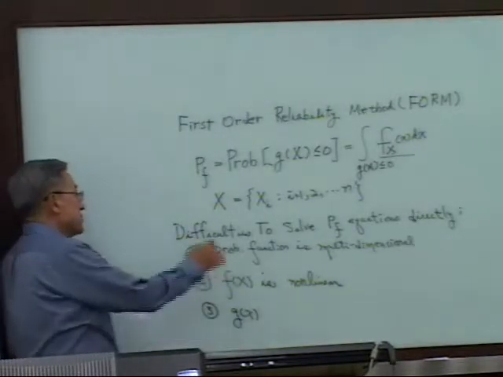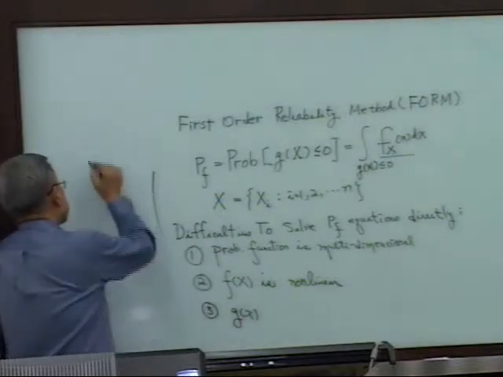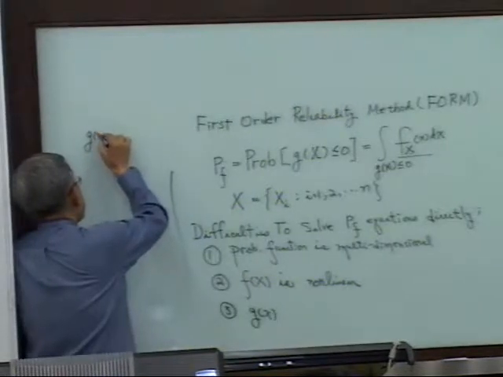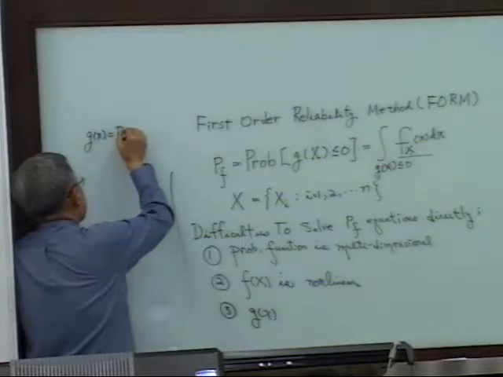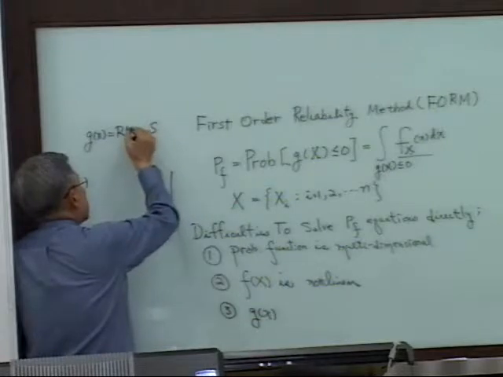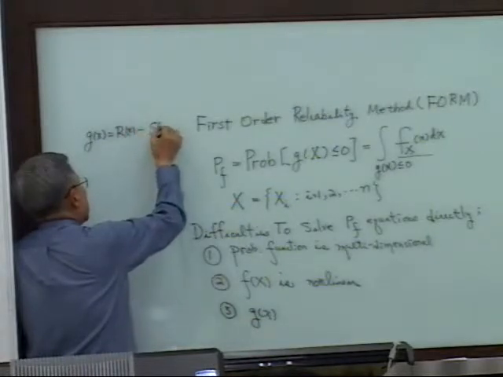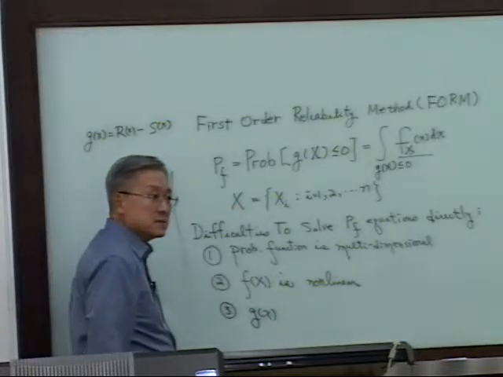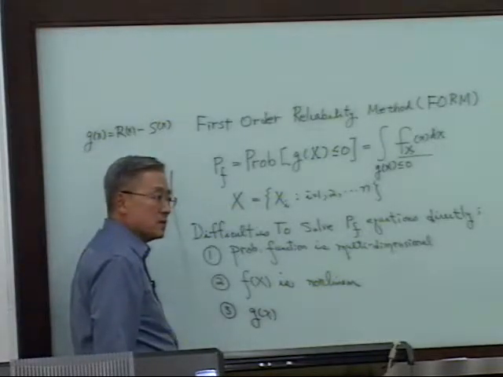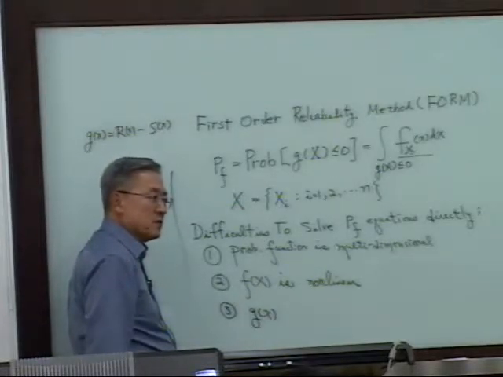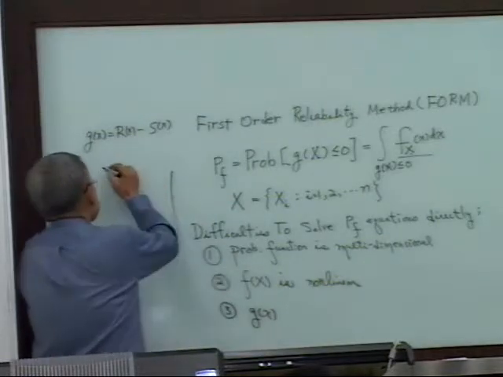For example, G(X) for two dimensions, what we did was G(X) is like R minus S. We are familiar with R minus S. That's like a G(X). Or we use two different names, but it's all the same: performance function or limit state function.